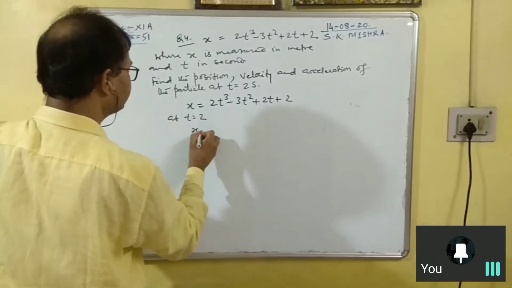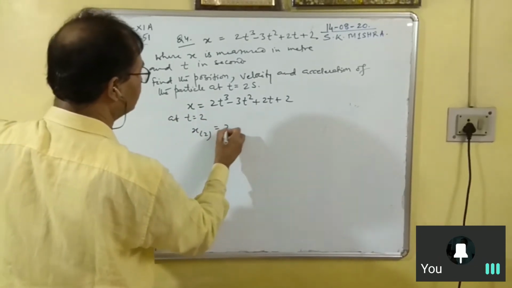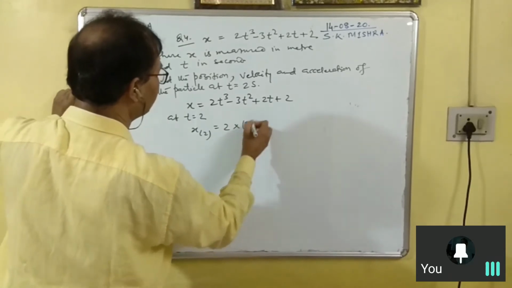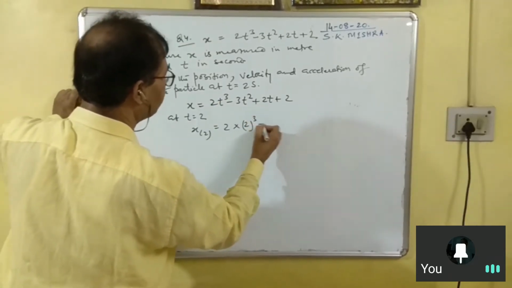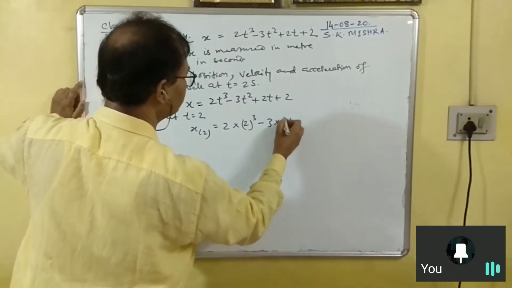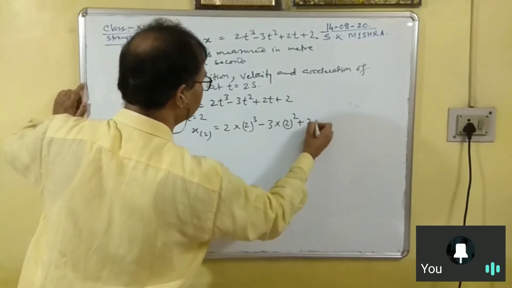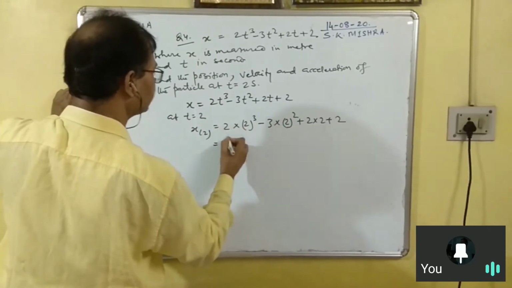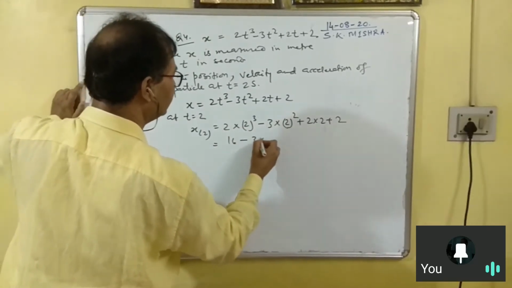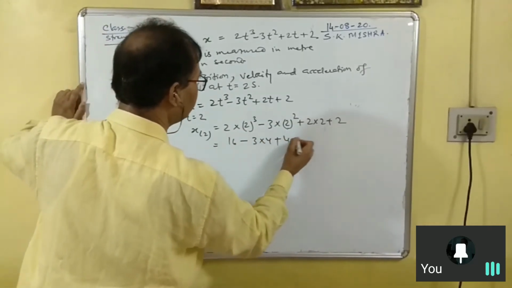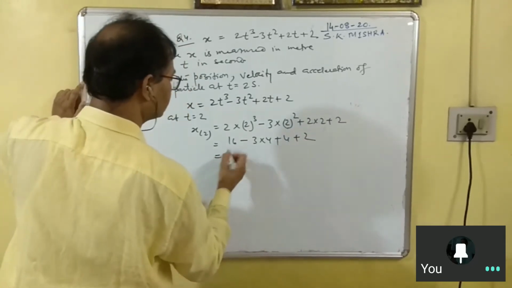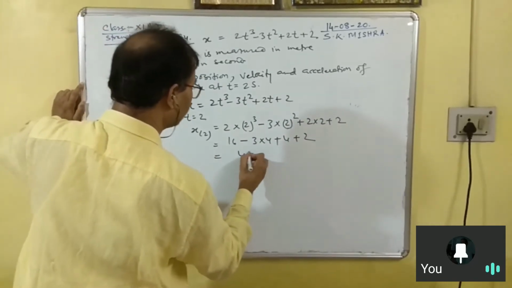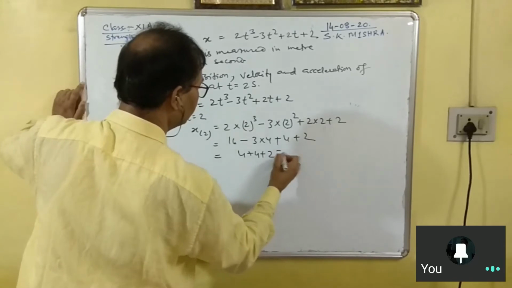So x at t is equal to 2 seconds, take t is equal to 2: 2 into 2 cube minus 3 into 2 square plus 2 into 2 plus 2. So this is 8 into 2, 16, minus 3 into 4, plus 4 plus 2. So 16 minus 12, 4, plus 4 plus 2. It's how much? 10 meter.